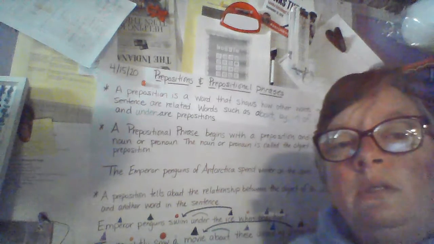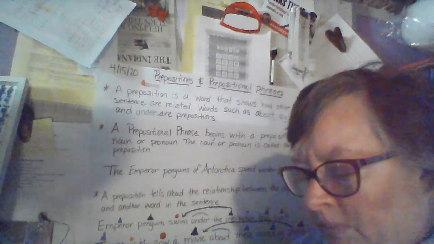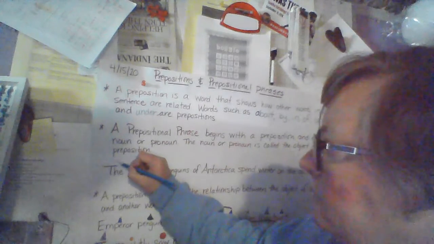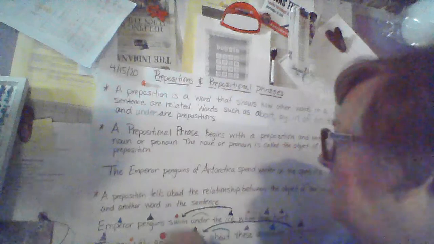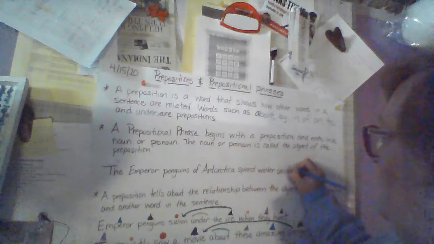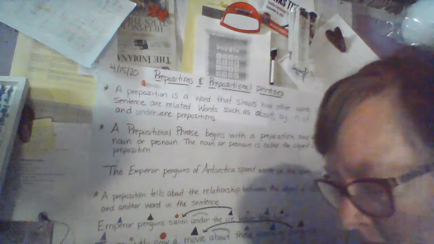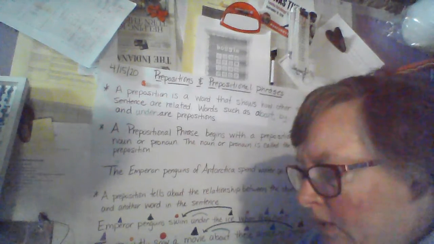All right, if we were to symbolize this in Montessori symbols, article, and article. Who or what is the sentence about? The sentence is about penguins. So penguins is the noun.